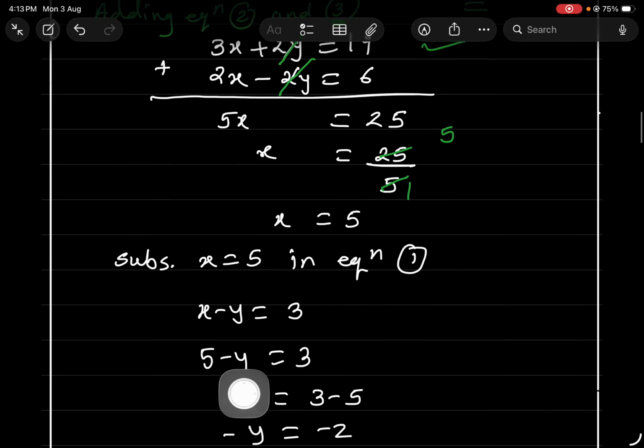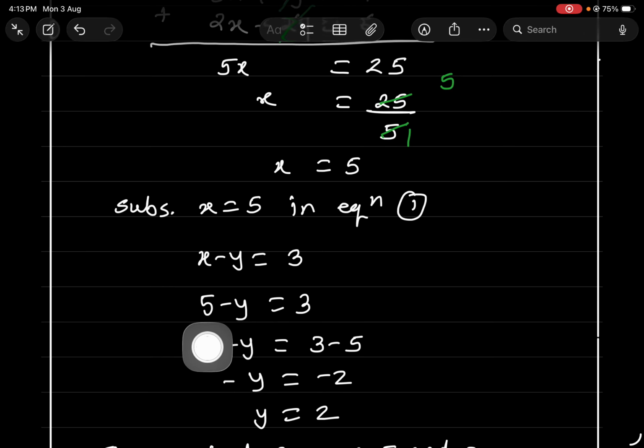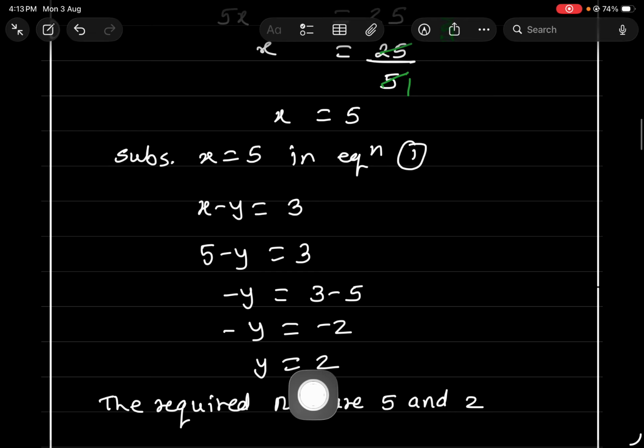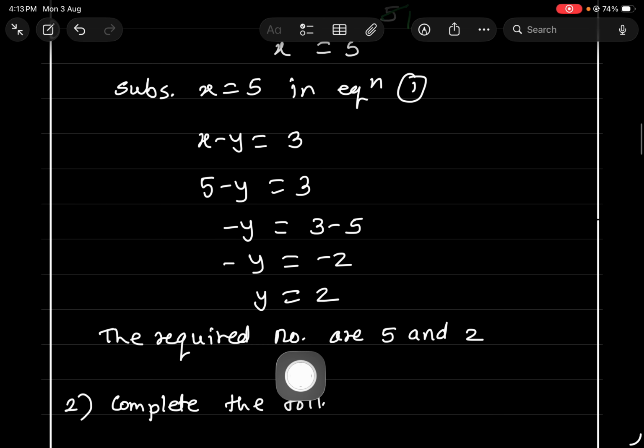So 5 minus y equal to 3. This 3 stays as it is and 5 transposed to this side becomes minus 5. Minus y equal to 3 minus 5, which is minus 2. Minus minus cancels, so y equal to 2. So the required numbers are 5 and 2.